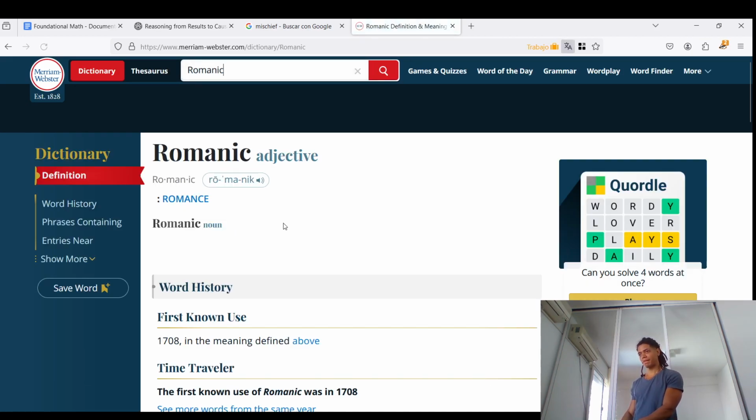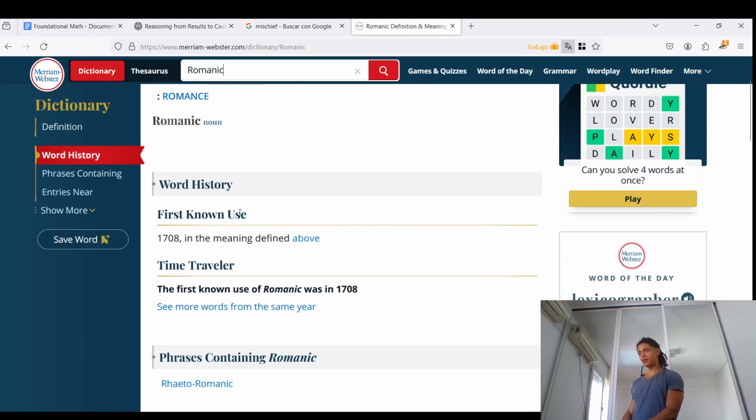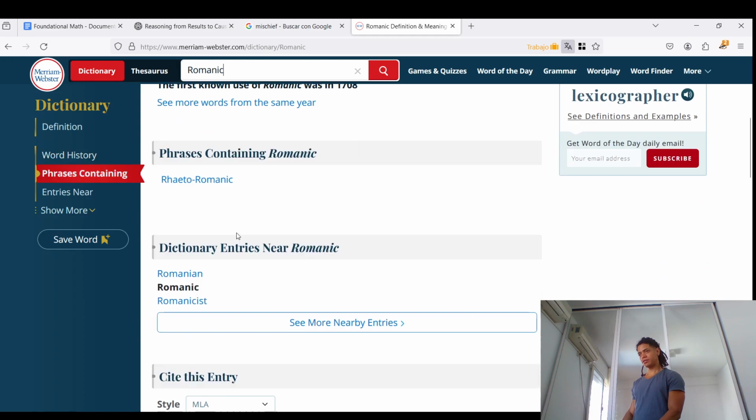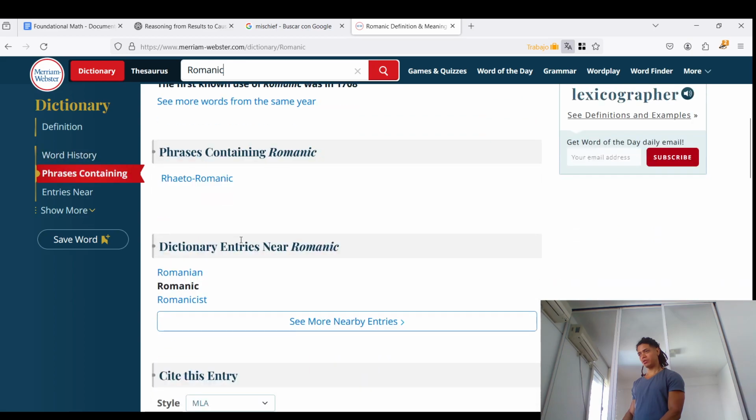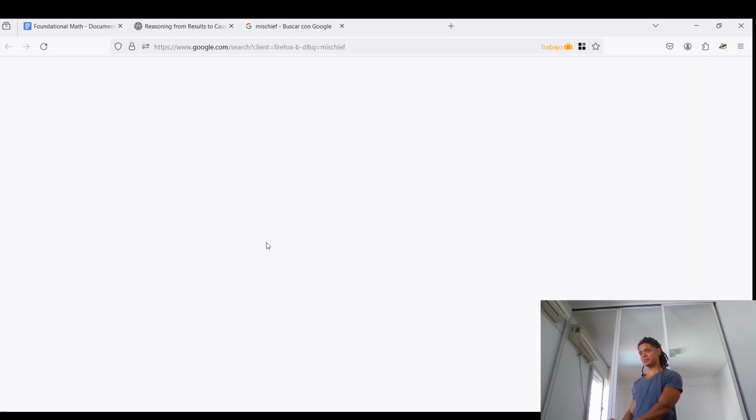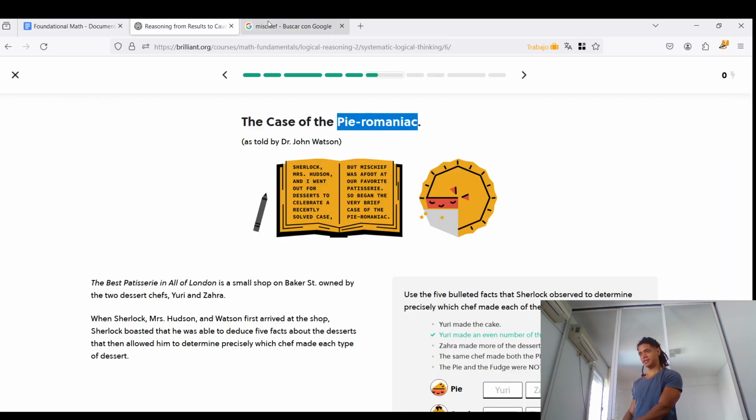Okay. First note use 78. Retro-romantic. Okay, interesting. Okay, the case of the pyromanic.